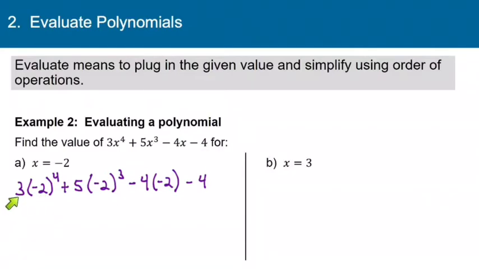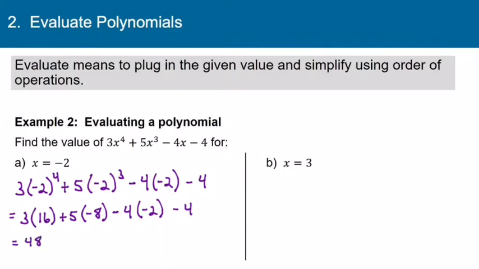So this term will become 3 times positive 16. Then we have plus 5 times negative 2 to the third. So negative 2 to the third is going to make negative 8. I'll let you multiply that out. And then I'm just going to copy the rest of this. Let's go ahead now and do the multiplication within each term. 3 times 16 is 48. 5 times negative 8 is negative 40.